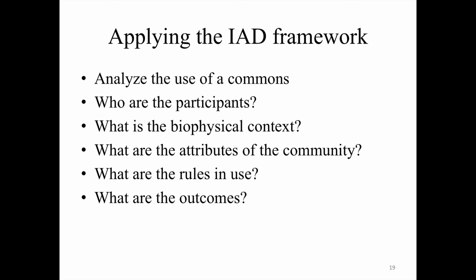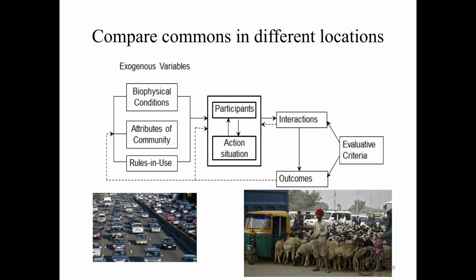So let's look at an example. The IAD framework is helpful to understand differences between cases. If you have experienced traffic in both India and the USA, you may have noticed there are many differences. The quality of the roads, the biophysical context, are better in most situations in the USA, whereas in India there are many dirt roads and many potholes.